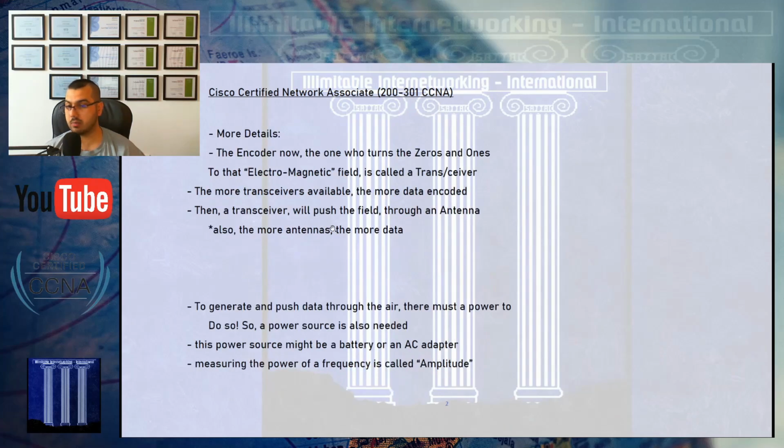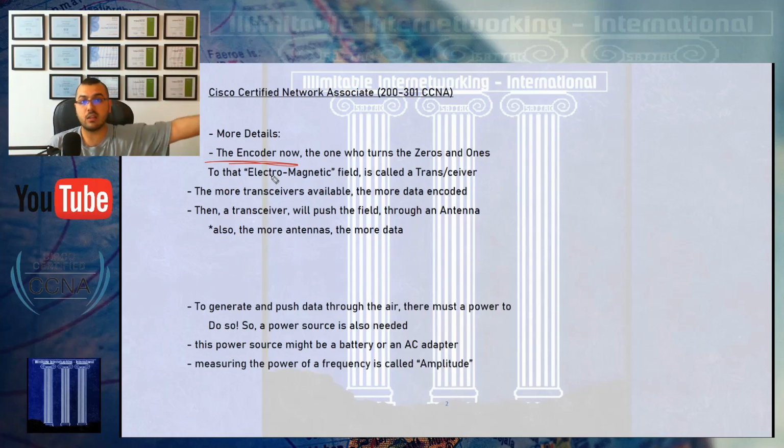Okay, so in the upcoming slide, there are a bit more details that we should talk about, and those details will be the encoder, the facility that is encoding zeros and ones to become an electromagnetic field or a wave in the air.